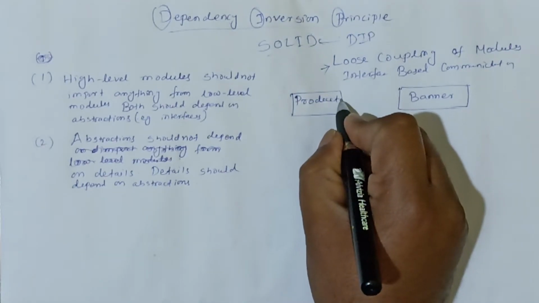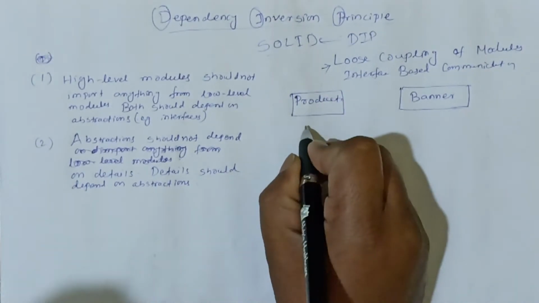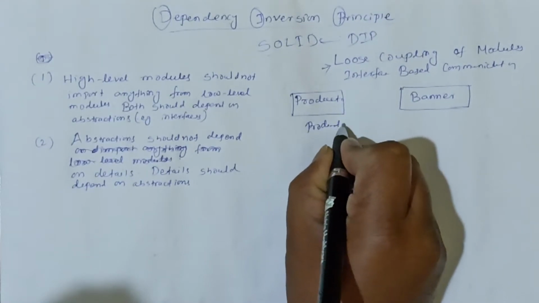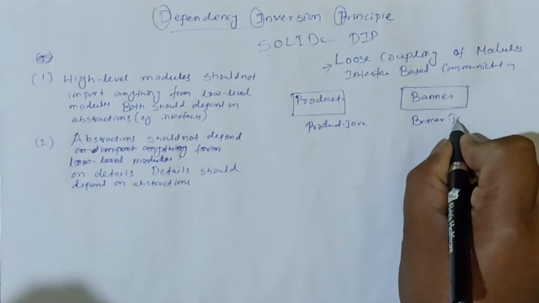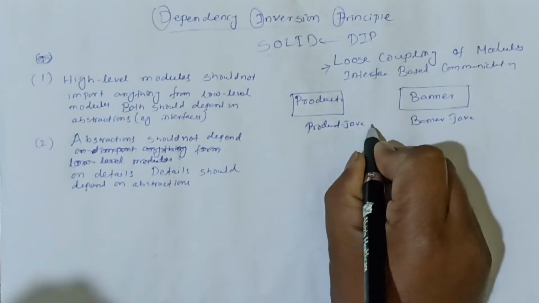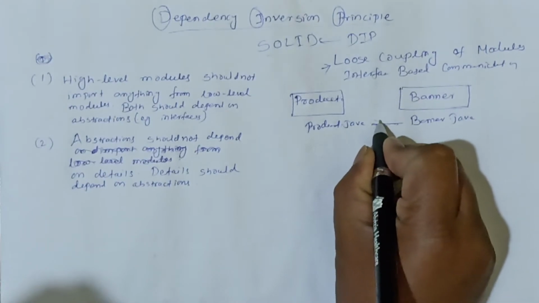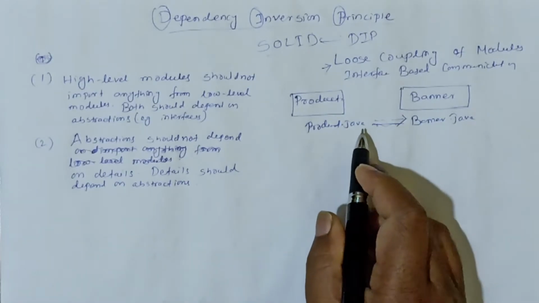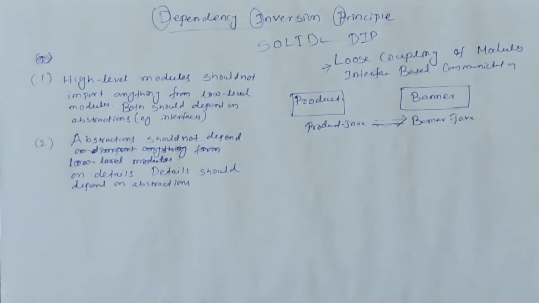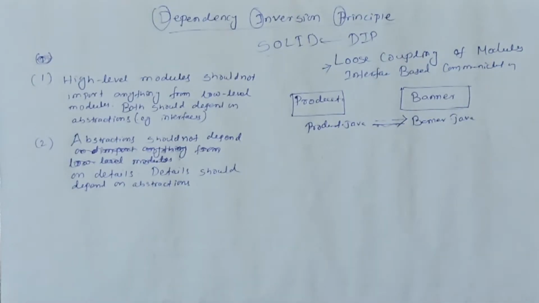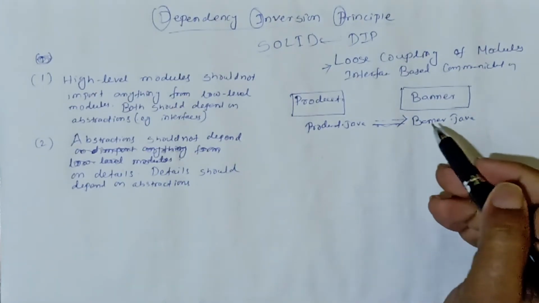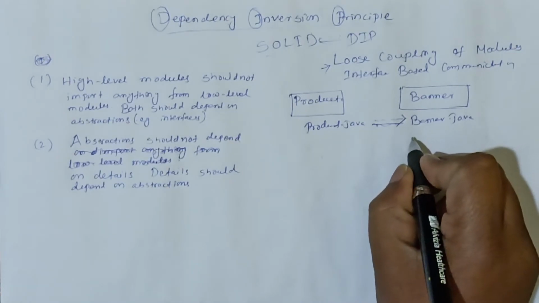Let's say the product module has the high level class Product.java, and similarly the banner module has Banner.java, and both depend on each other, and this is the symbol for depend. So in future, let's say we find that this banner is not that worthy, or we want new implementations for the banner, and we want to replace it with, let's say, ad monetization.